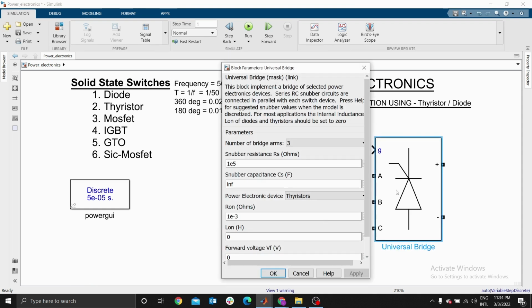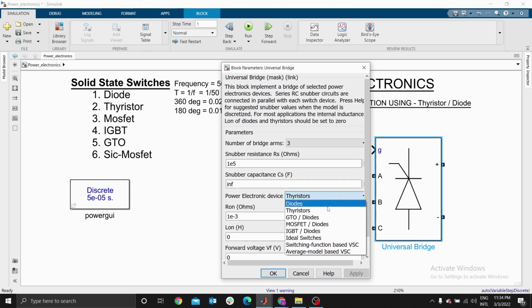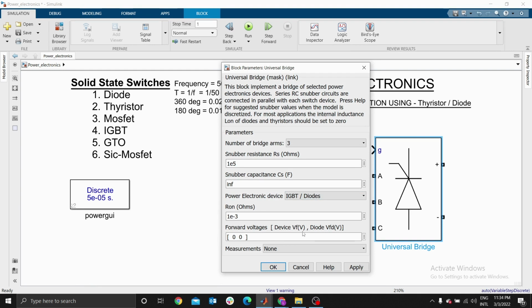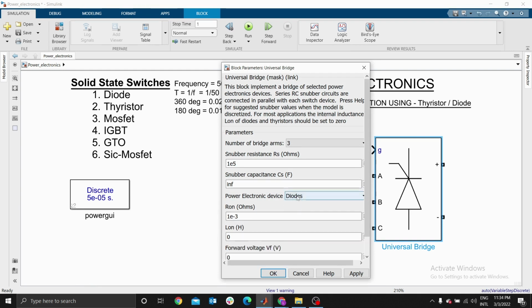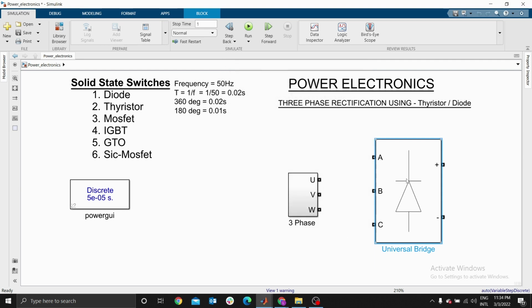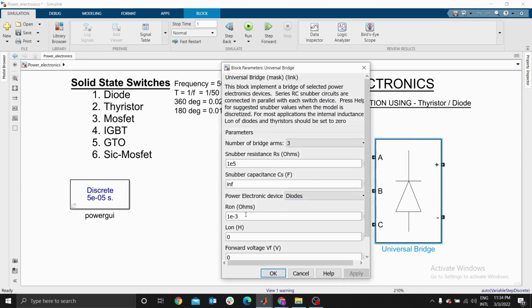You can see here, we have thyristors, diodes. You can use IGBTs, but now I need to use diodes, and I need 3 arms, because I'm using a 3-phase.